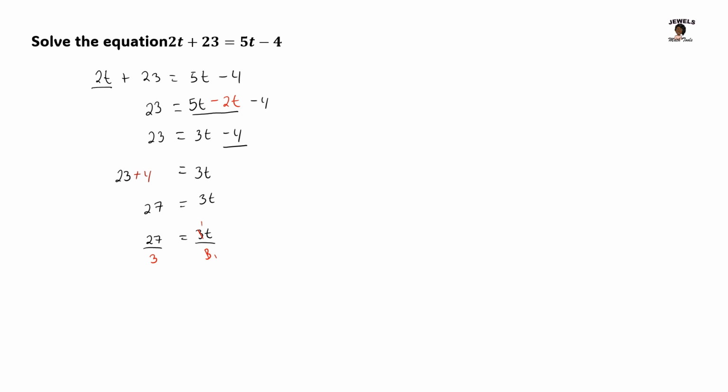And we're remembering that 1t is the same thing as t. And then we're going to be dividing our 3 into 27, which will equal 9. So for this equation, our t is equal to 9.